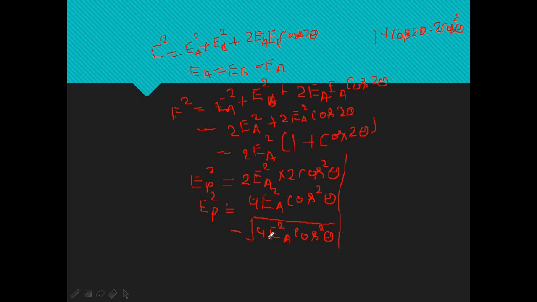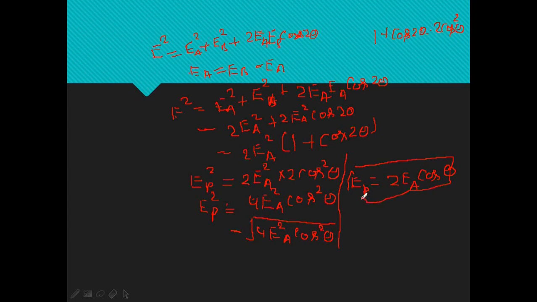Now 4 comes out from the under root, this is 2, and the square is cancelled out by the under root. Now my final result is 2EA, and cos square comes out from the under root, then this is also cos theta. Now this is equal to EP. This is our expression, final result.